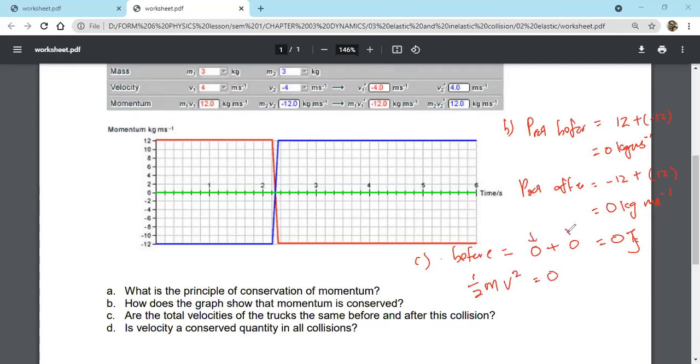So the answer is yes. Now for total velocity.